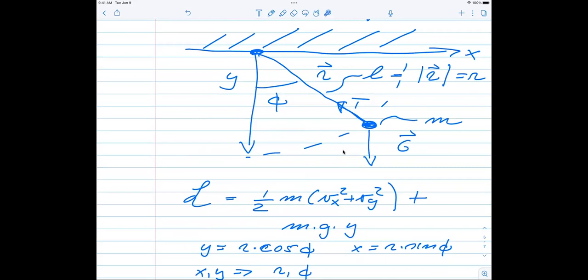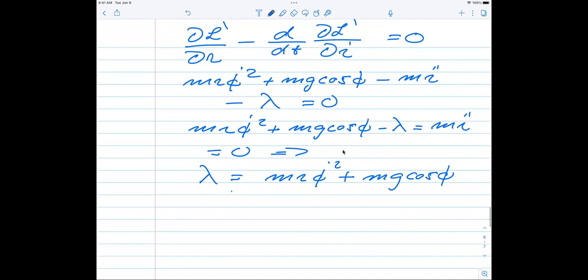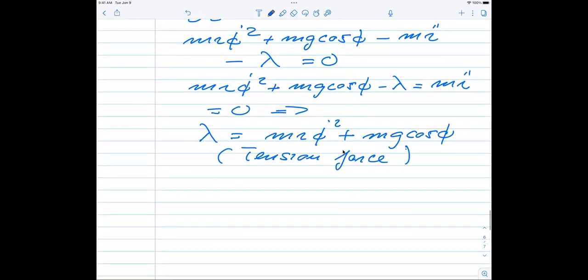So what you have here is actually a force. So we have actually constrained that force. So this is normally called a tension force, or the effect of the rod on the mass itself. So this plays the role of a force.